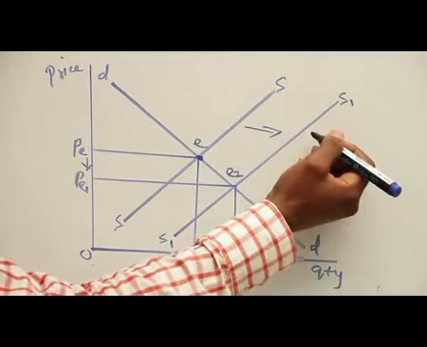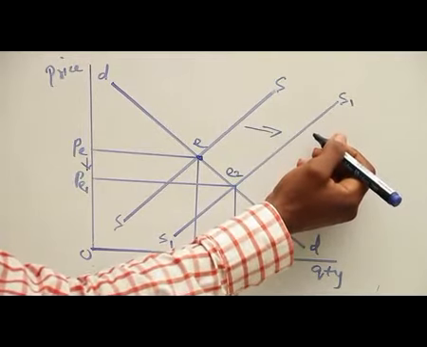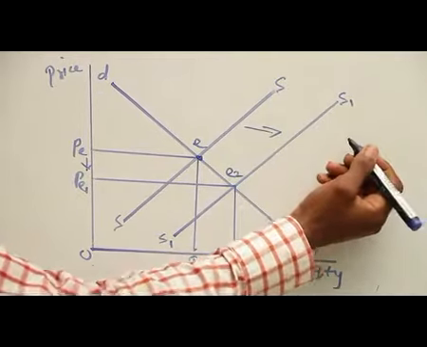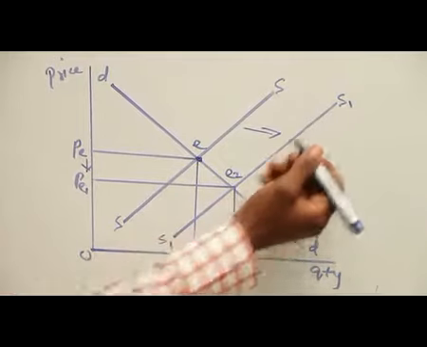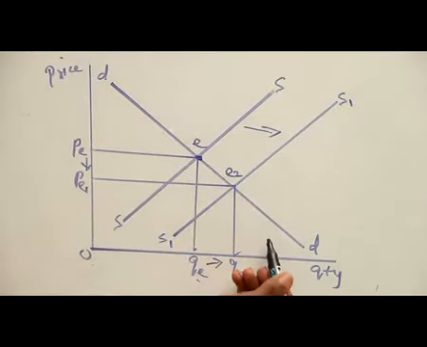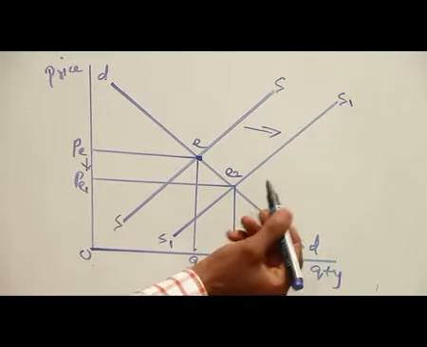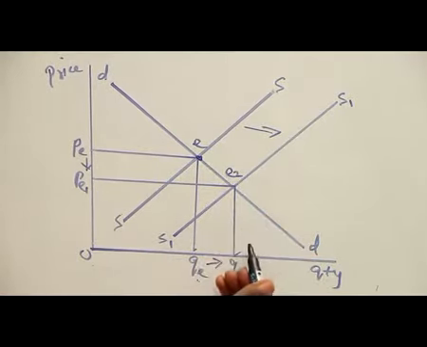This shift is what we call increase in supply. That is, supply curve shifts to the right. And when supply curve shifts to the right, it implies that there will be an increase in supply because demand is constant here. So supply will be greater than demand. And whenever supply is greater than demand, something will happen to price and quantity.